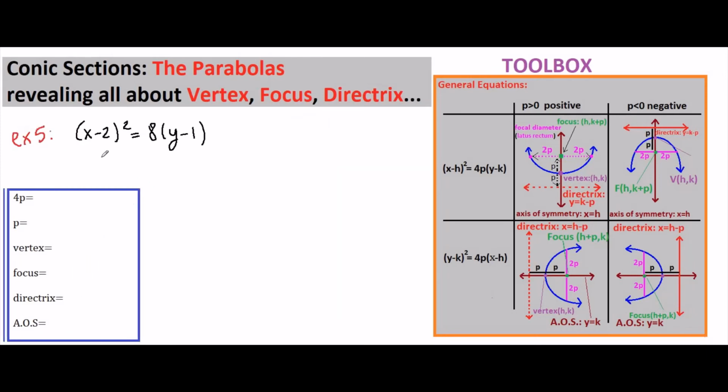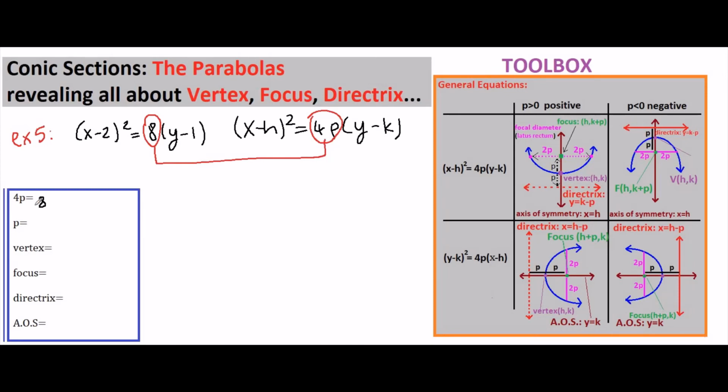Example 5. (x minus 2) squared equals 8 times (y minus 1). This is in the form (x minus h) squared equals 4p times (y minus k). If we match the equations, our 4p is 8.